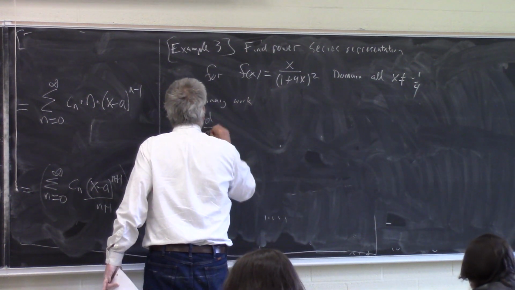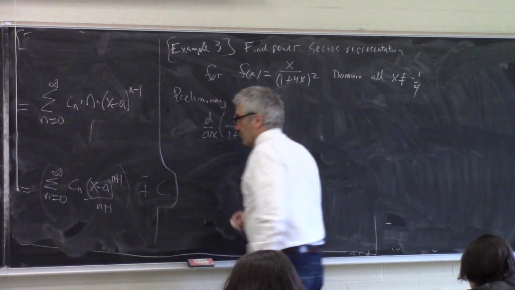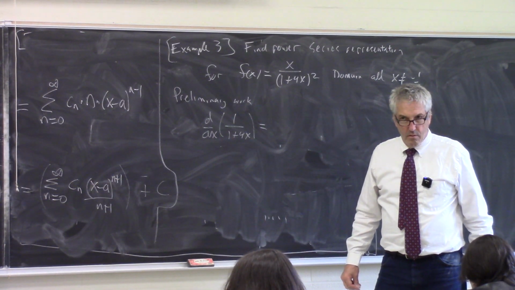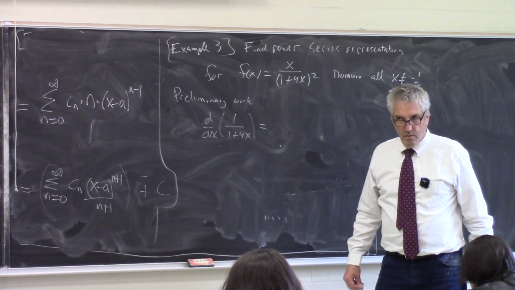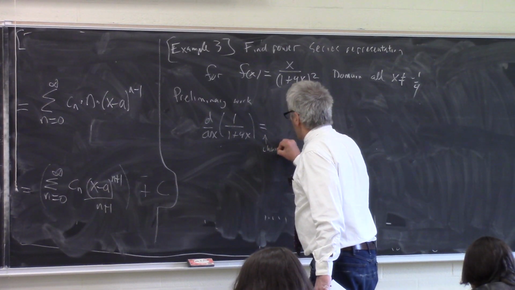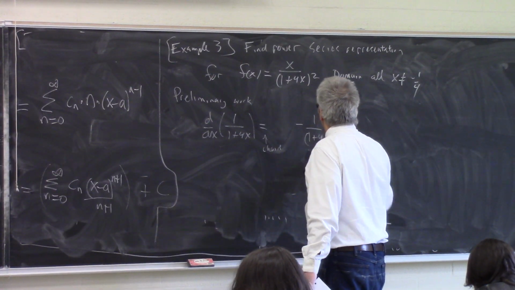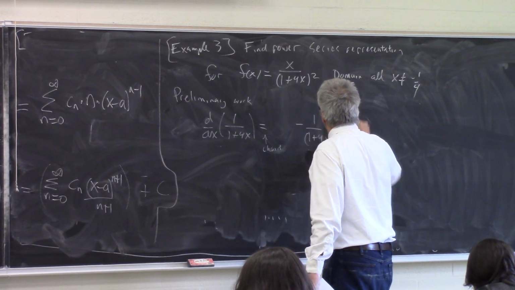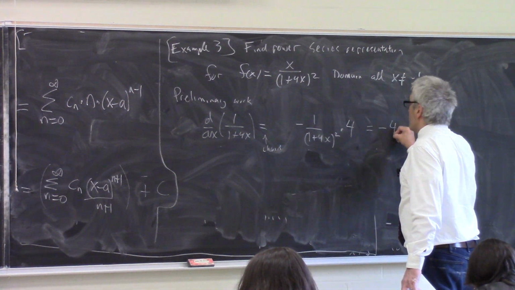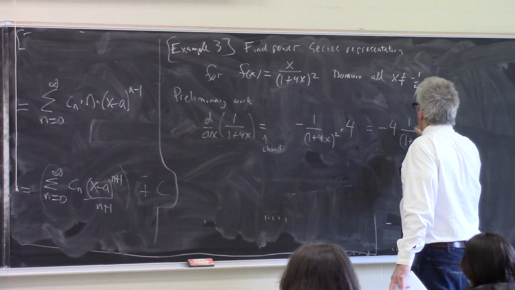And then let's do preliminary work. What is the derivative of 1 over 1 plus 4x? Well, you use the chain rule. You get minus 1 over 1 plus 4x squared, and then you have to take the derivative of what's inside, so you'd have minus 4 times 1 over 1 plus 4x squared.